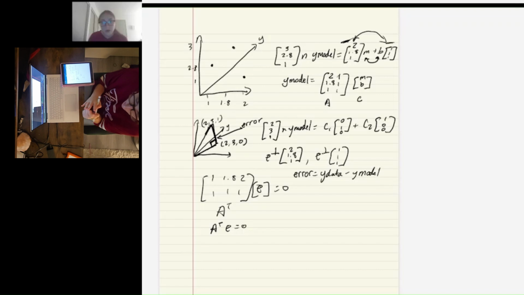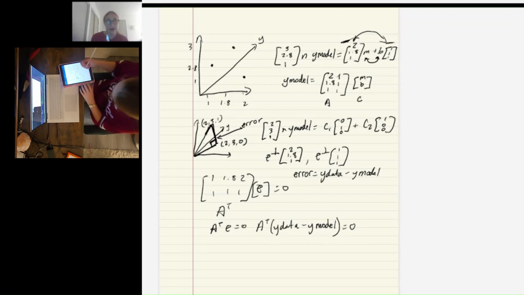So we're going to plug that in: A transpose times y data minus y model is equal to 0. We already have made y model, so we know what y model is.